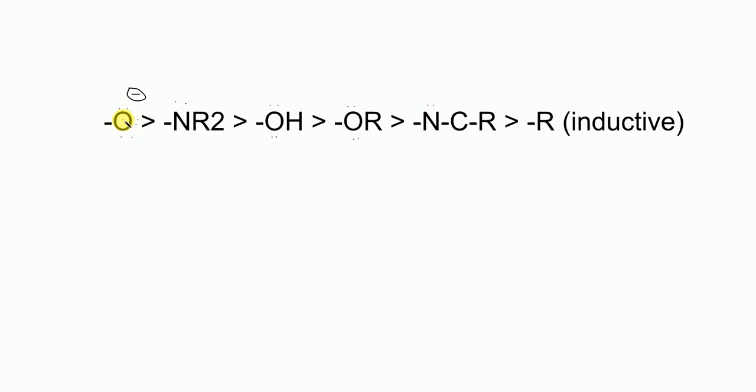Like you'll have O minus versus this group, and I have to fill in this right here. There's a carbonyl right here. This is a very important thing we're going to look at later for the facts. And then we're just comparing like O minus versus an R group, or this versus an R group. It'll be very clear what you're differentiating between. So this is just a very brief, small order of the ranking of the activating groups.